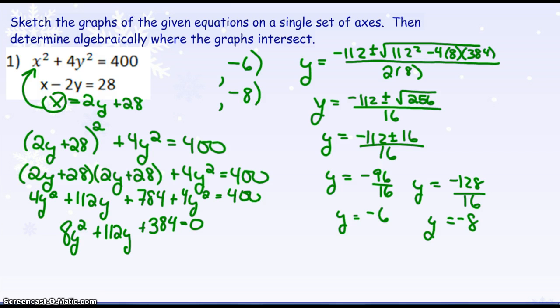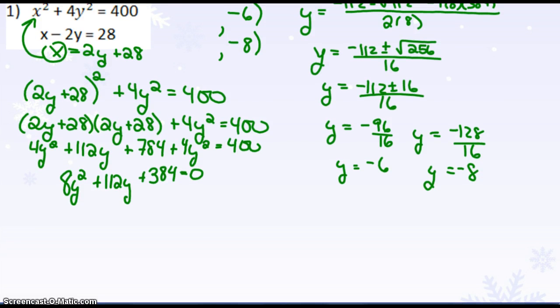And then we're going to go ahead. I'm going to use the simple one, use the nice linear. x minus 2y equals 28. So I have x minus, plug in the negative 6, and I'll have x plus 12 equals 28.